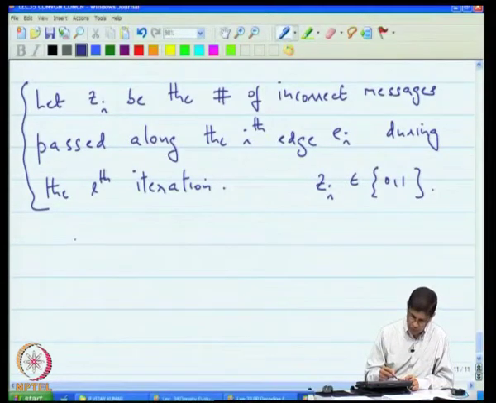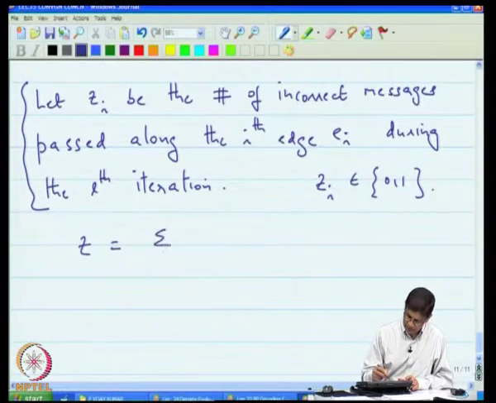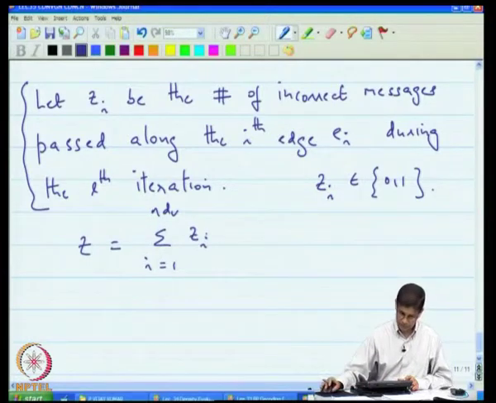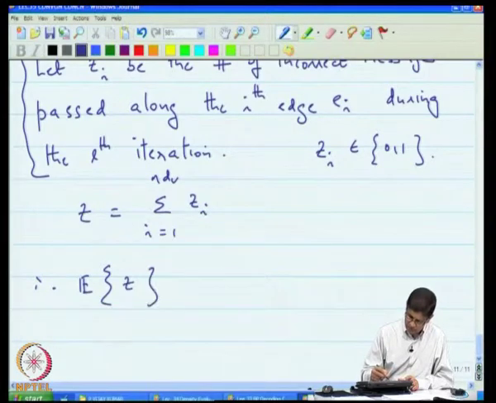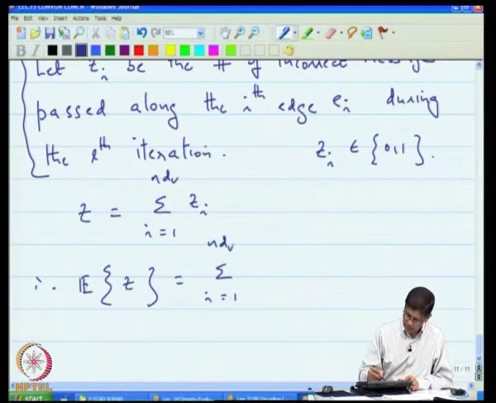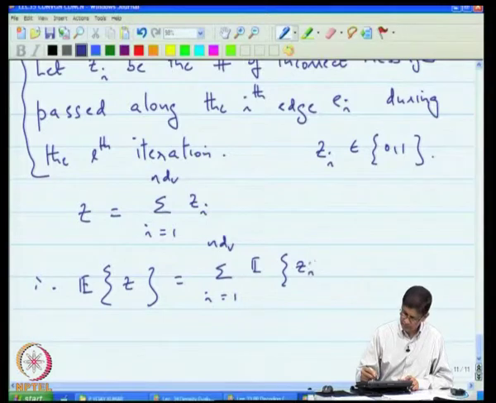Then of course, it is true that Z, which is the total number of incorrect messages, is the sum i equal to 1 to n d_v of Z_i. Therefore, the expected value of Z is the sum i equal to 1 to n d_v of the expected value of Z_i.